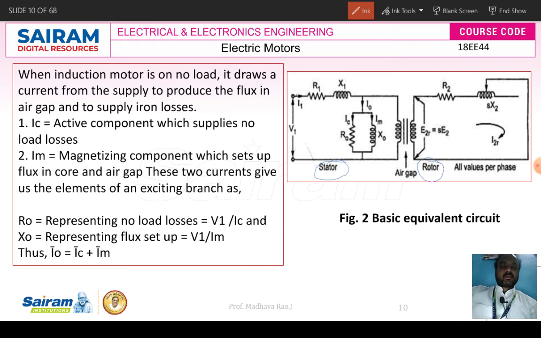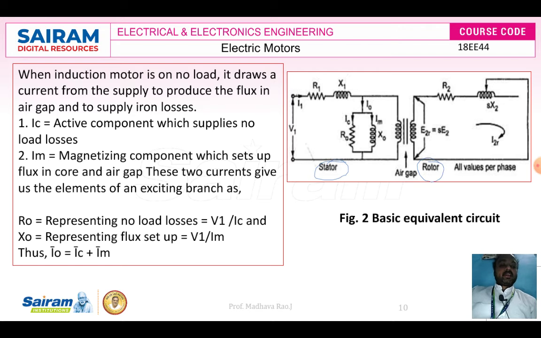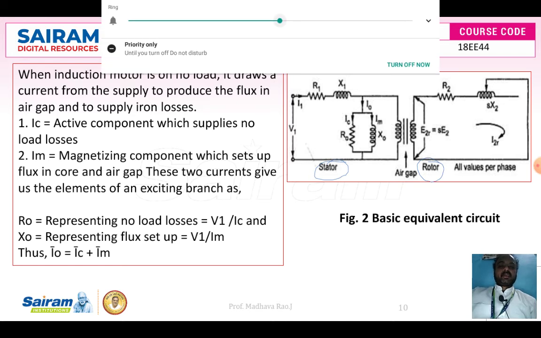The supply voltage is V1 to the stator. And R2, X2, E2 and I2 belong to the rotor. Using these values we draw the equivalent circuit of the induction motor, which is similar to the transformer.